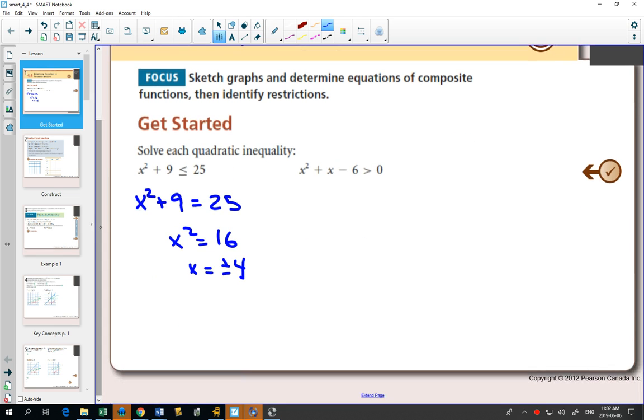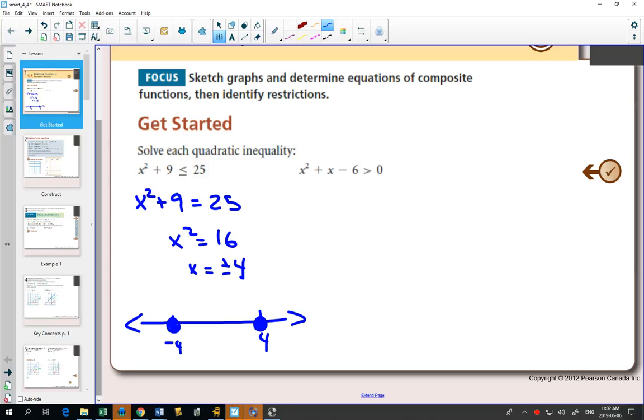What we did in grade 11 is, after finding out where they were equal, you put the values that were equal on a number line. Do you remember drawing circles at these values and either shading them in or leaving them open? We would shade these ones in to indicate that it could equal 4, because we have a less than or equal sign. After that, you did test values.